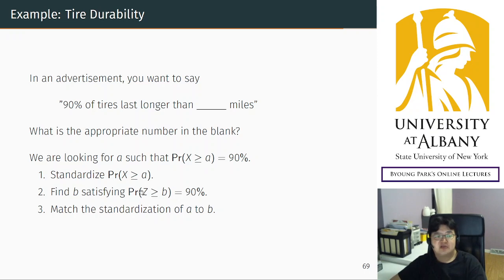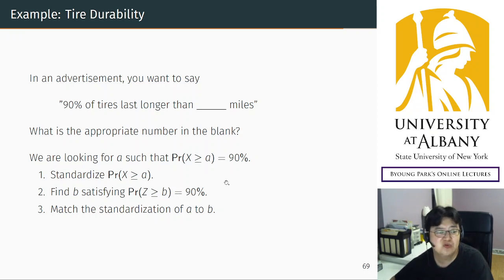Starting from the standard normal distribution, you have to find this value that makes 90%. So probability is not standardized. What you standardize is the numbers inside probability, but not the probability. So these two probabilities will be the same, and their relationship is standardization. So now after that, you match these two guys, A and B.